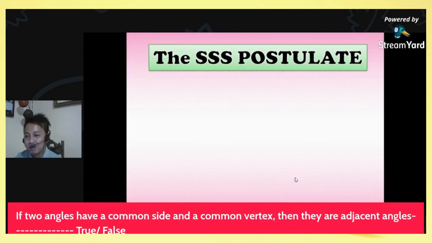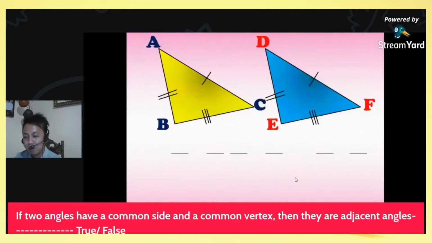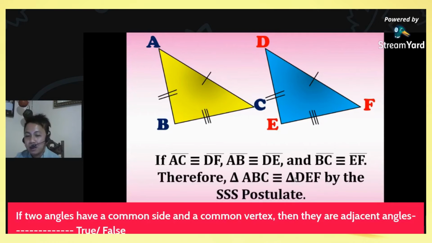We have the SSS postulate, or the side-side-side postulate. If three sides of one triangle are congruent to the corresponding sides of the other triangle, then the two triangles are congruent. Example, we have triangle ABC and triangle DEF.